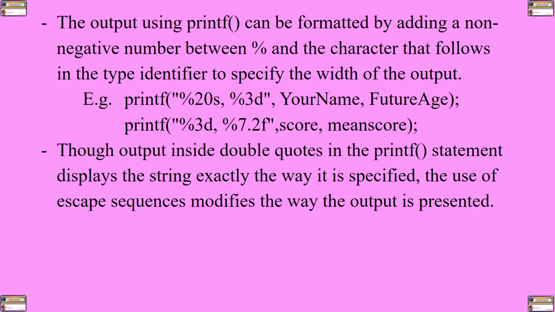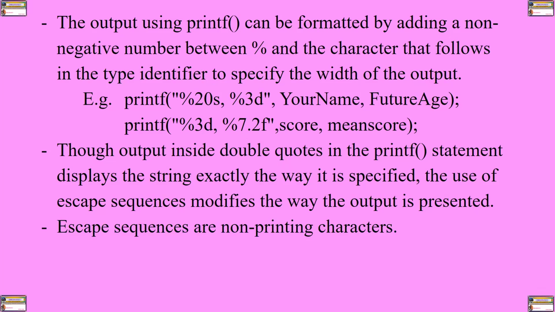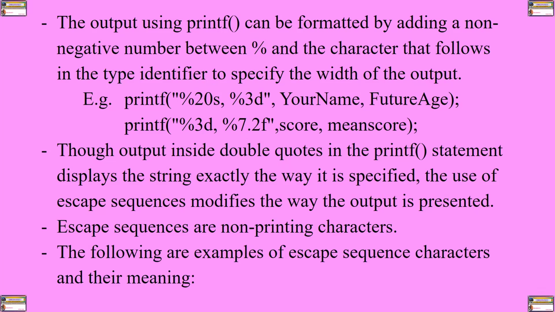So that's why we are saying that though output inside double quotes in the printf statement displays the string exactly the way it is specified, you can make use of what we call escape sequence characters to modify how the output is presented. So escape sequences are what we call non-printing characters.